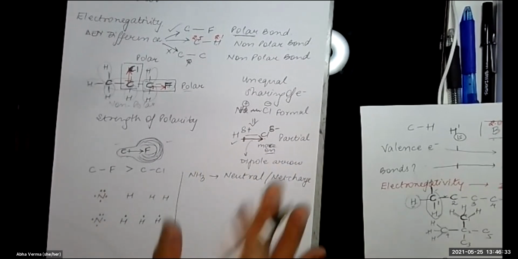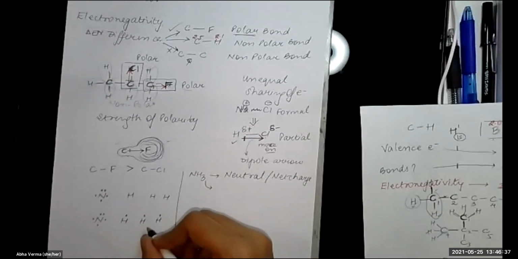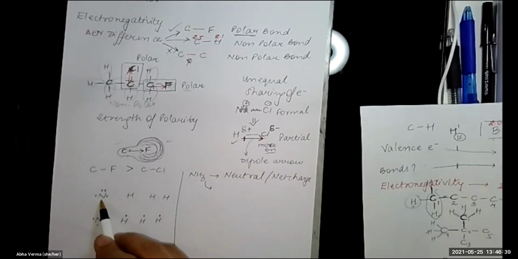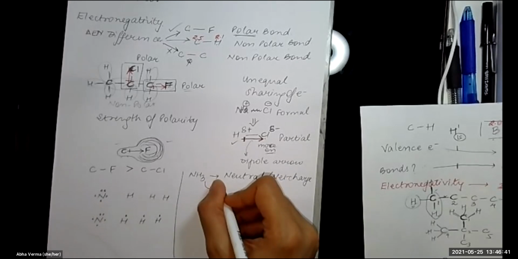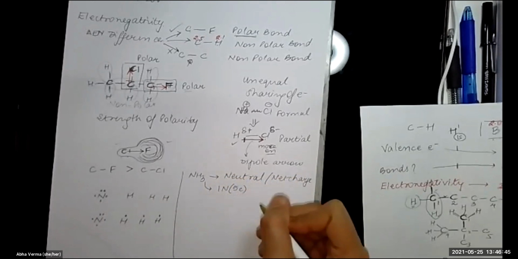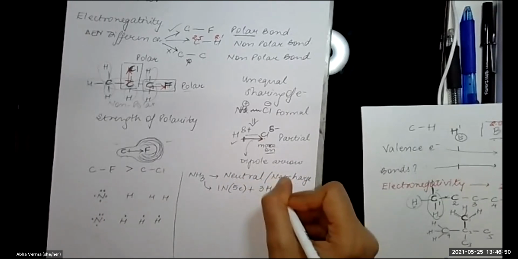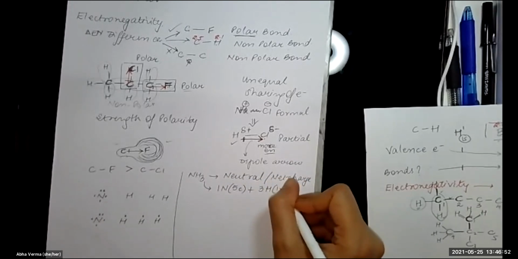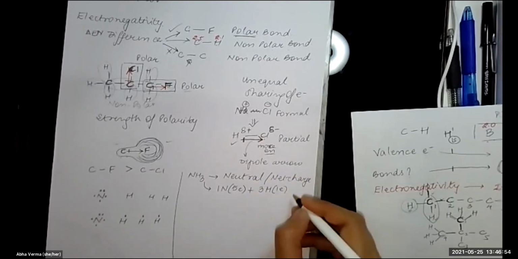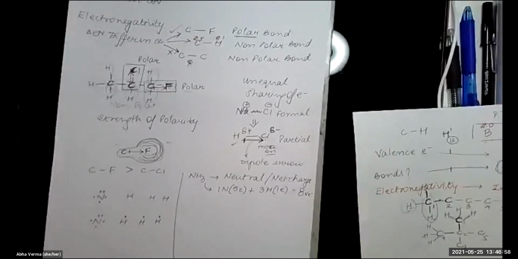It is a neutral molecule. So what is the total number of valence electrons? There was 1 nitrogen with 5 electrons, and then 3 hydrogens with 1 electron each. So that is 8 valence electrons.